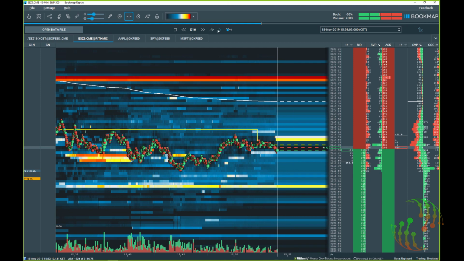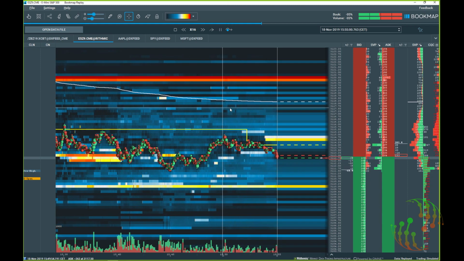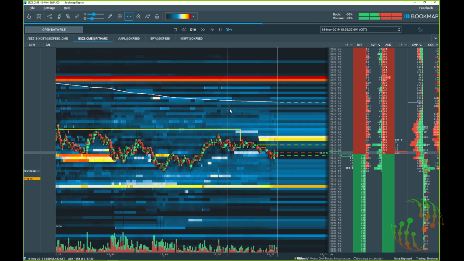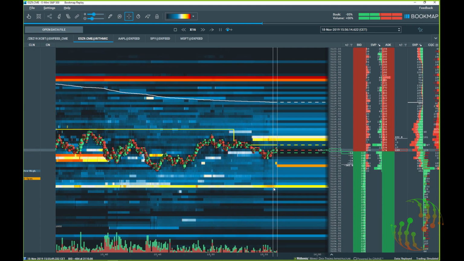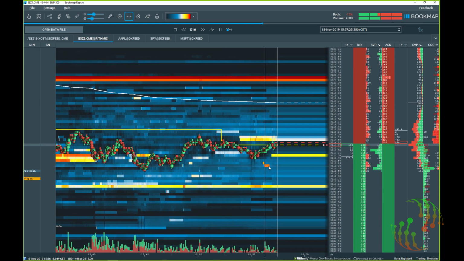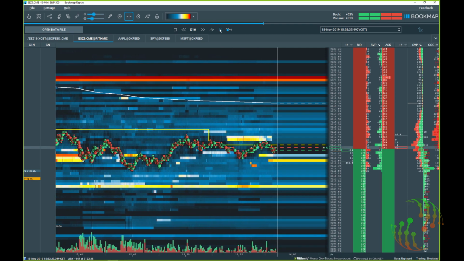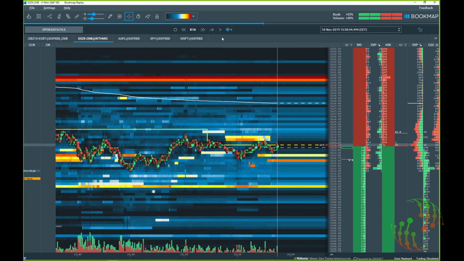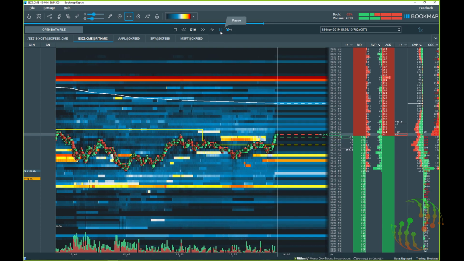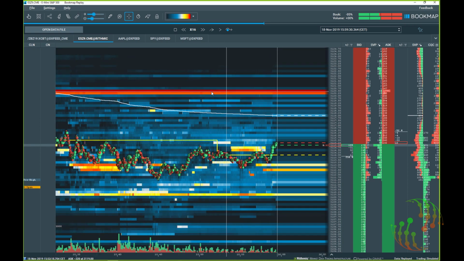This is yellow now. It's getting more and more orange and red. Now they open the ceiling here. Yeah, and I noticed that they also add a little bit more liquidity to that top line.